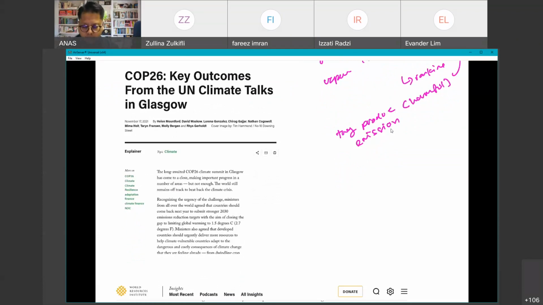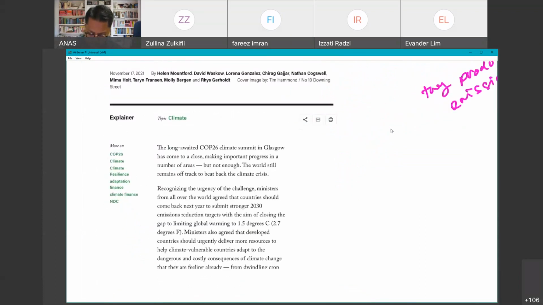And if you read, if you're into renewable energy or you understand what is happening nowadays, the target set by the UN is for global warming, the increase of temperature, to be limited to just 1.5 degrees Celsius for the next 100 years.